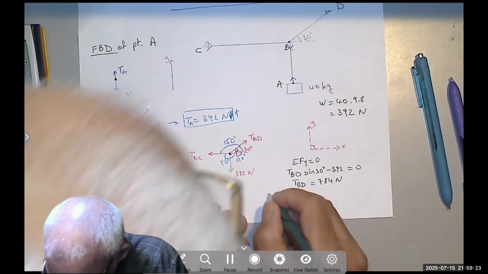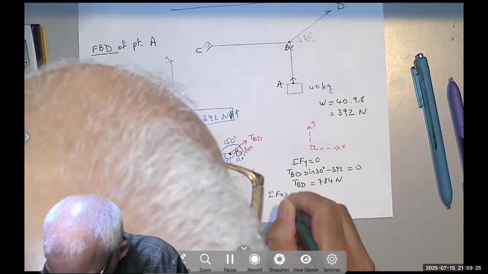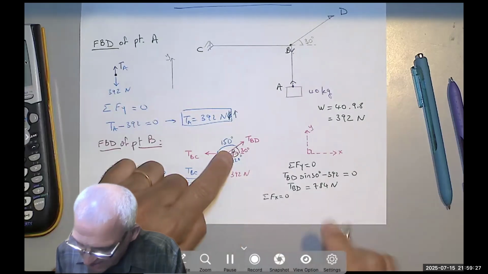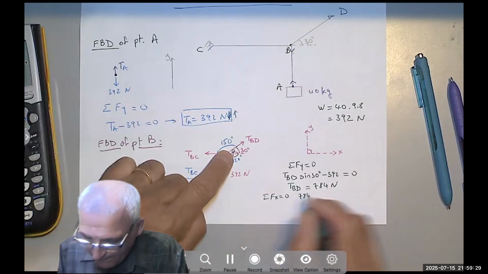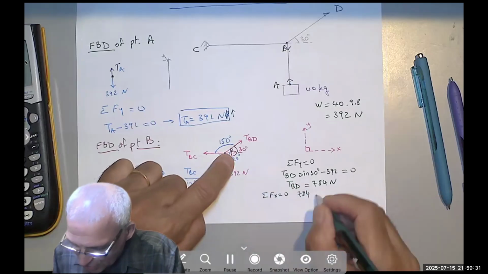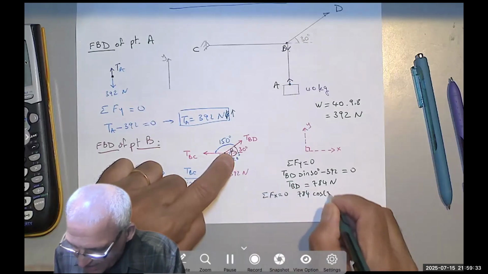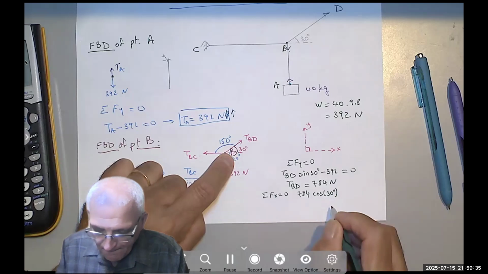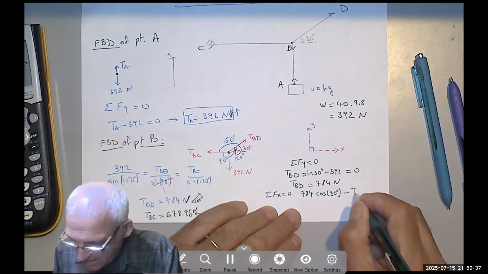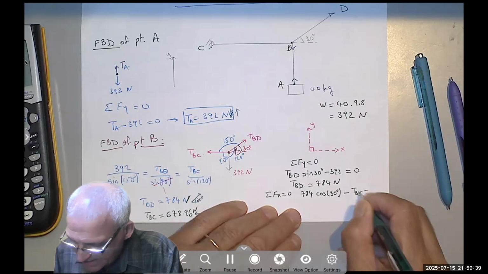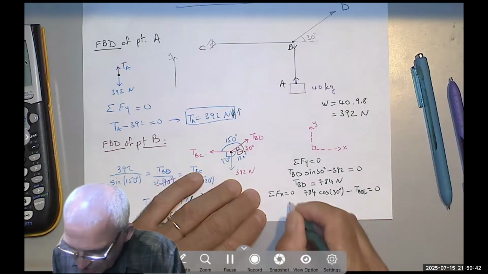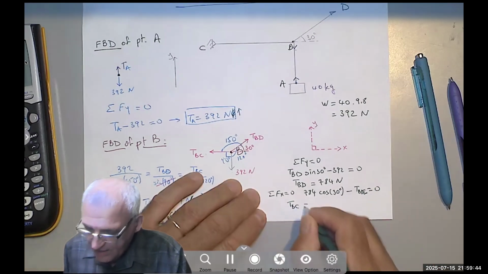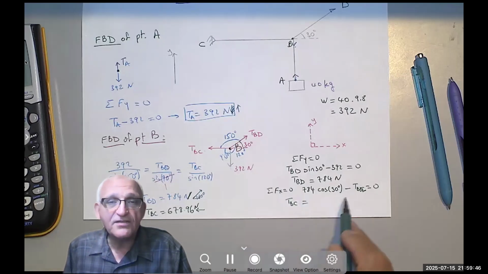And then you say sum of the forces in the X equals 0. Now, TBD is 784, but in the X direction, its component is cosine 30, minus TBC equals 0. So TBC equals 784 cosine 30.